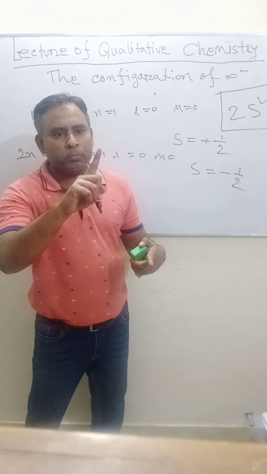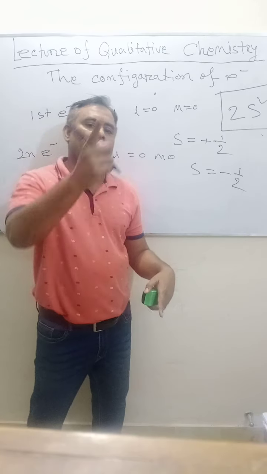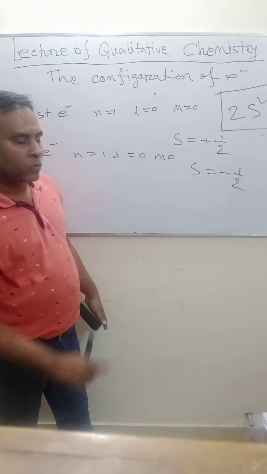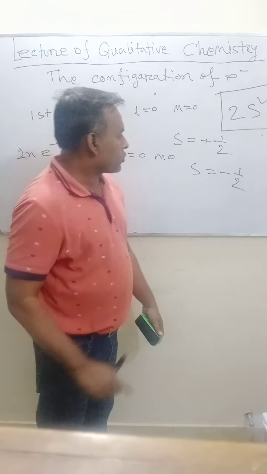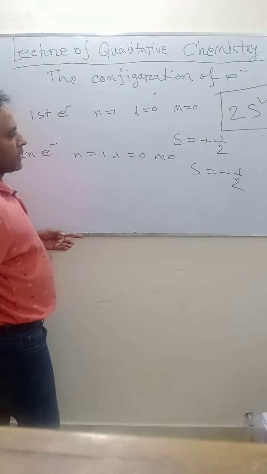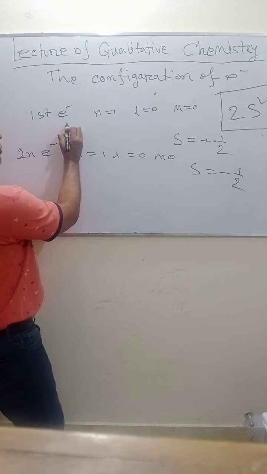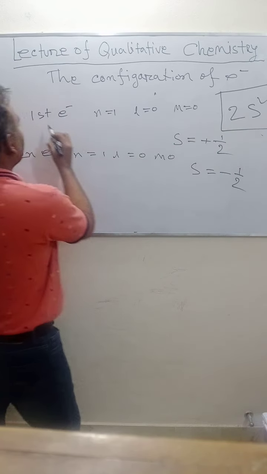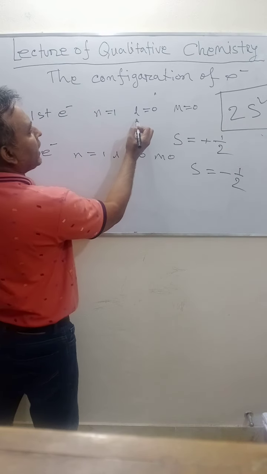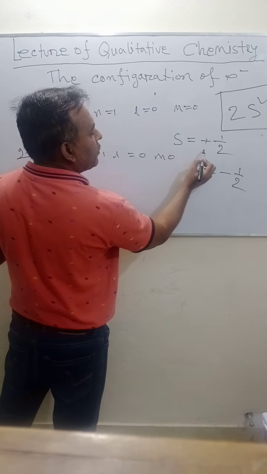One should be anticlockwise, another should be clockwise spin, which I told you previously. Clear? That means for the first electron in 1s², n equal to 1, l equal to 0, m equal to 0, s equal to plus half.